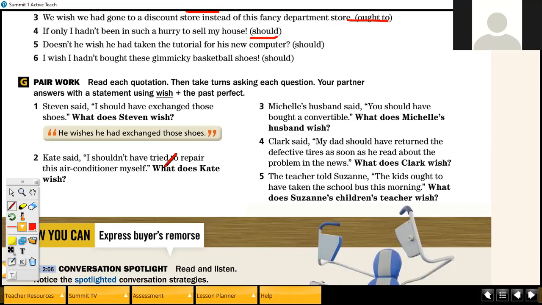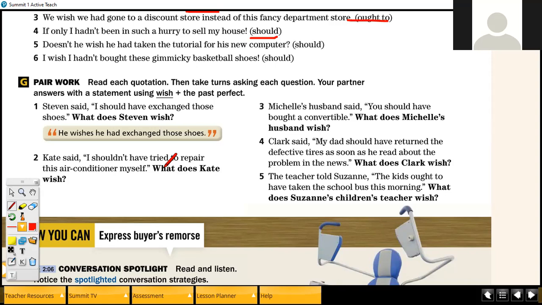Clark wishes his dad had returned the defective tires as soon as he read about the problem in the news. Exactly, there you go. You have to be careful with the subjects, because sometimes you're talking about a different person.